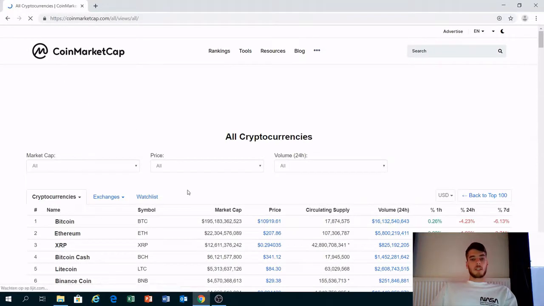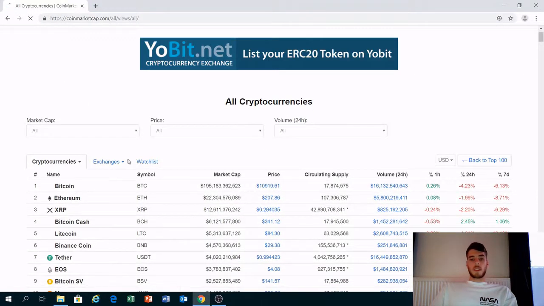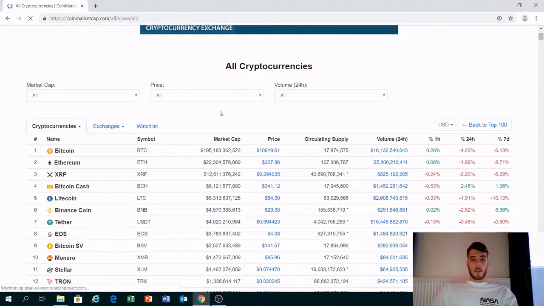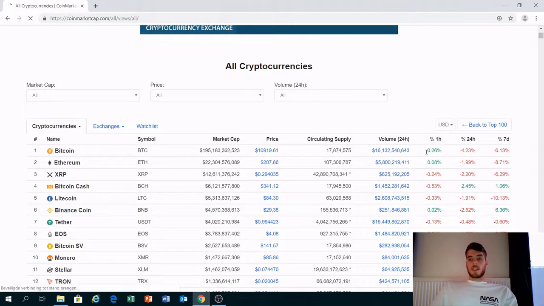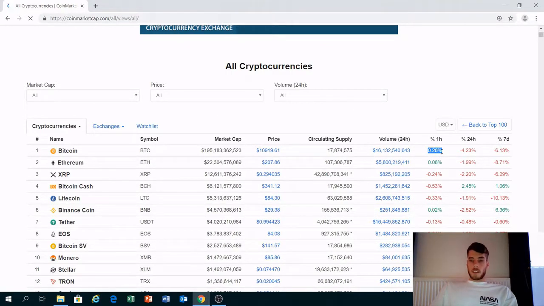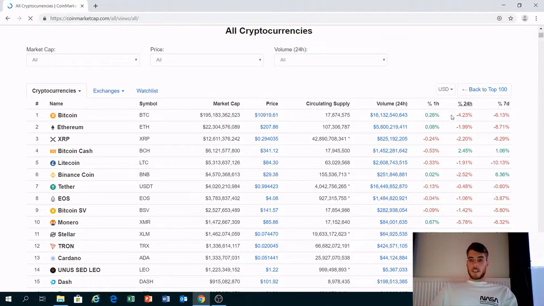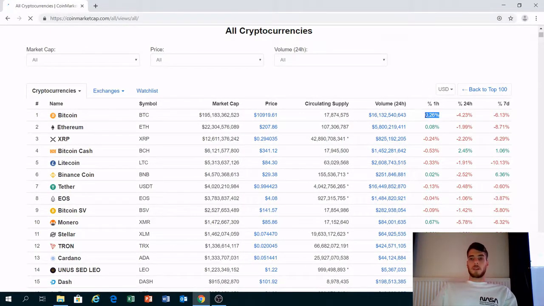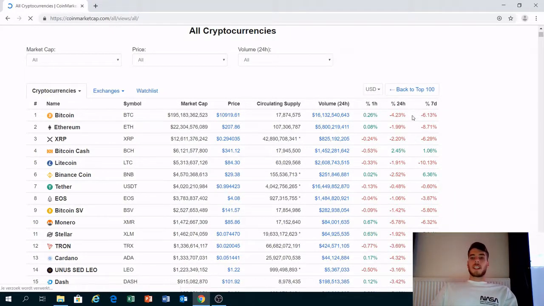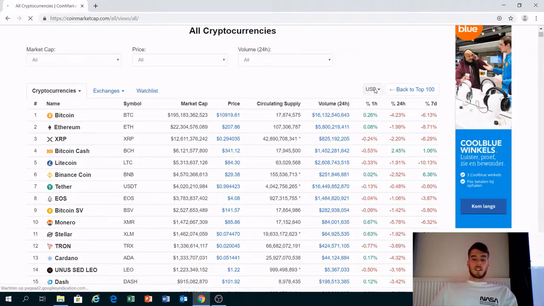Now all the cryptocurrencies will be listed beneath each other. So you can see here the last hour, the price of Bitcoin changed 0.26%, the last 24 hours minus 4%, and the last 7 days minus 6%. Now we can click here at US dollars.